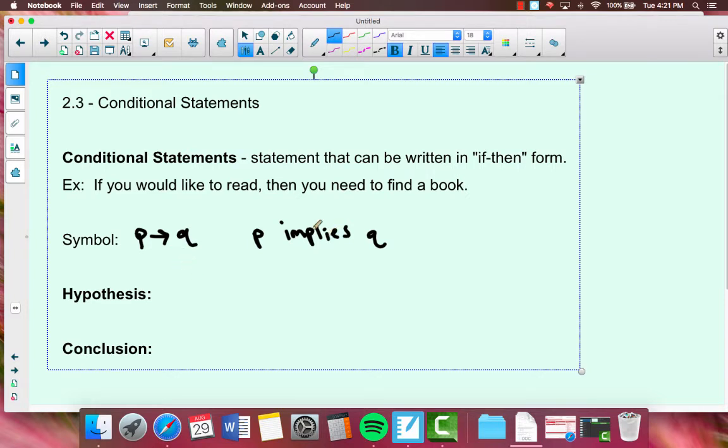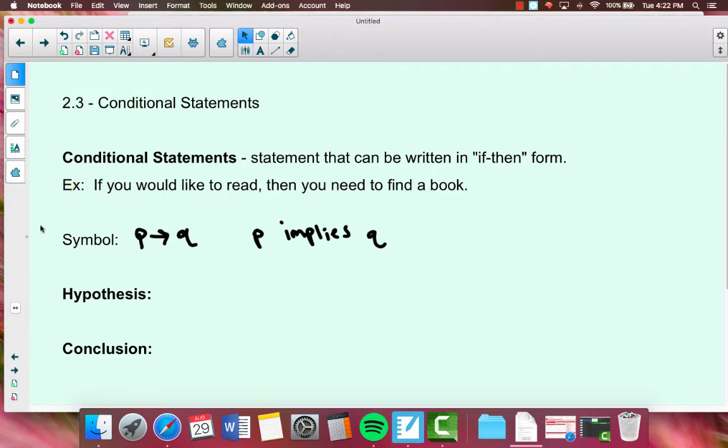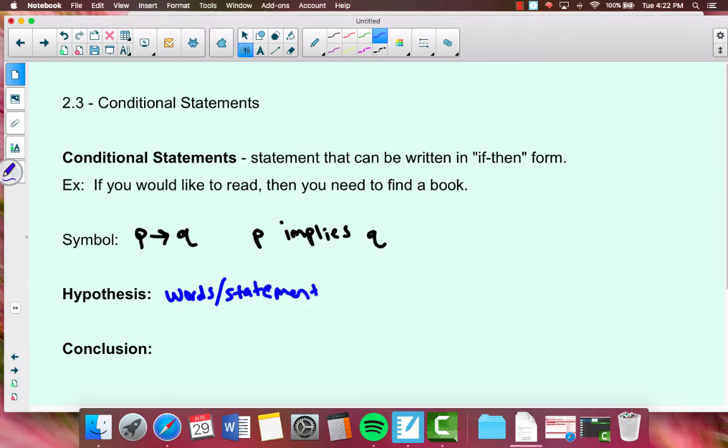Remember P and Q are just two sentences, or two statements. And what we are going to be looking for within these statements are what are called the hypothesis and the conclusion. So I'm just going to use this example up here to get started. If I ask you to find the hypothesis of this statement, the hypothesis is the part that always comes after the if. So the words or statement after the word if.